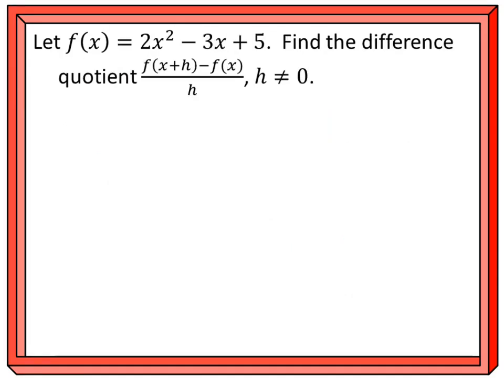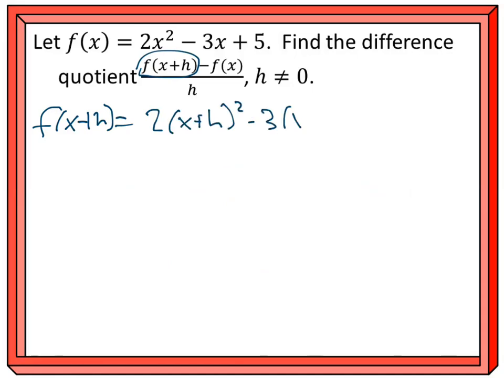Okay, final question. We're going to find a difference quotient for f of x equals 2x squared minus 3x plus 5. So remember, my suggestion is to find f of x plus h separately, this part of the difference quotient. So everywhere there's an x, we're going to put x plus h in its place.